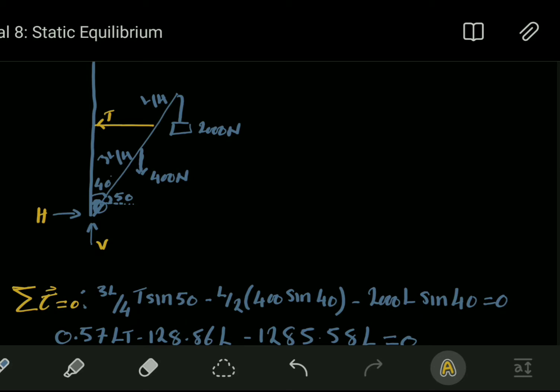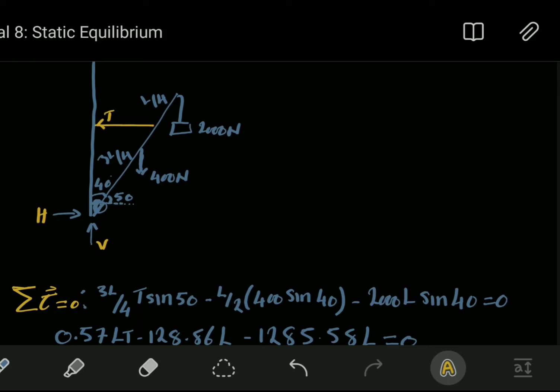The vertical component of this tension is going to give us T sin 50, and the perpendicular distance is going to be 3L over 4. Also, the vertical component of the weight of this boom is going to be 400 sin 40, and it is at the center, which is L over 2.